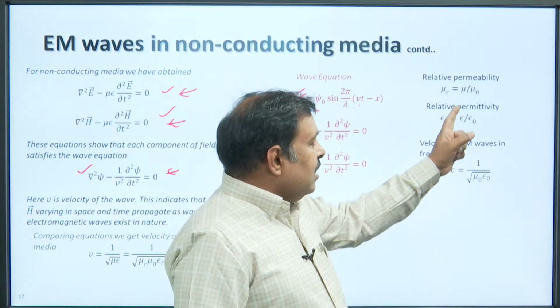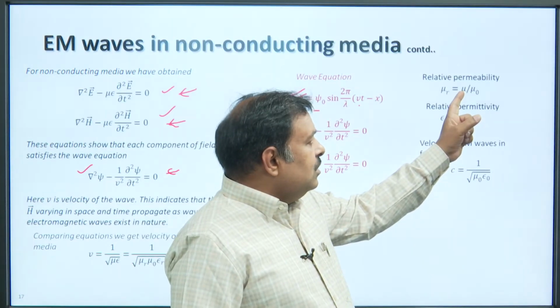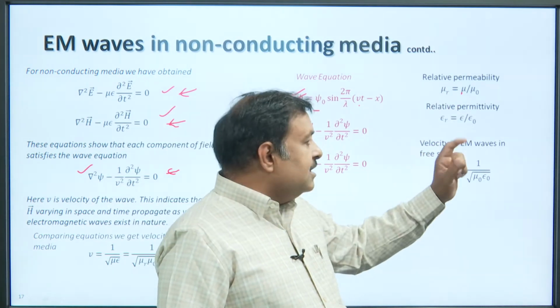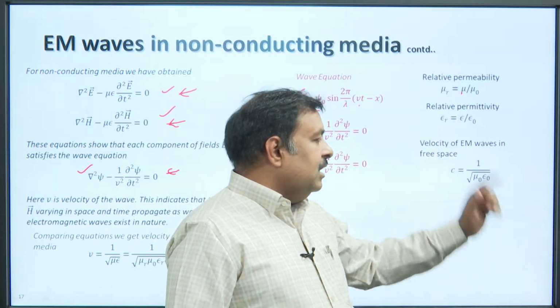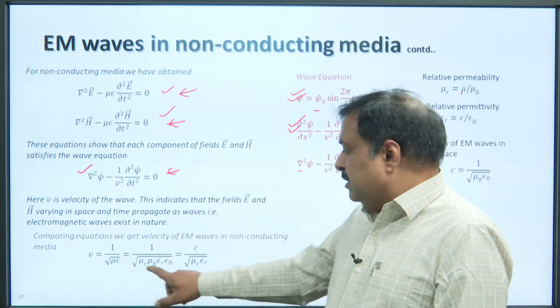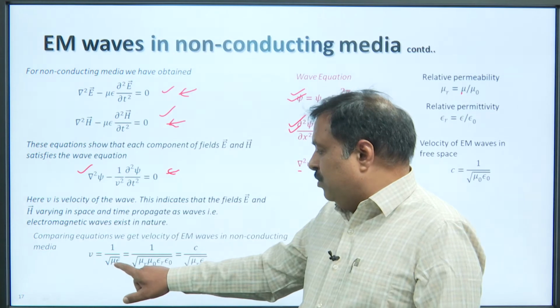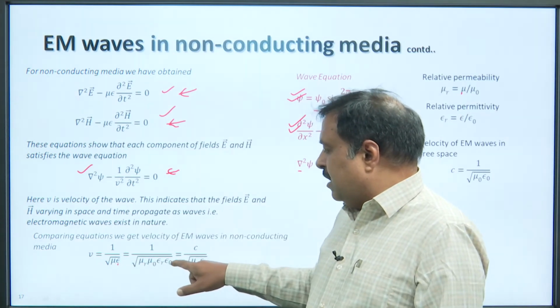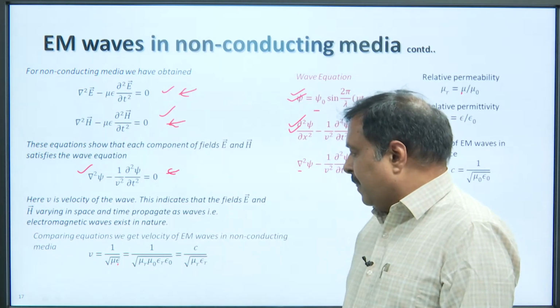So, I can write mu equal to mu r mu 0, and similarly epsilon equal to epsilon r epsilon 0. So, in this equation I can write mu as mu r mu 0 and epsilon as epsilon r epsilon 0.